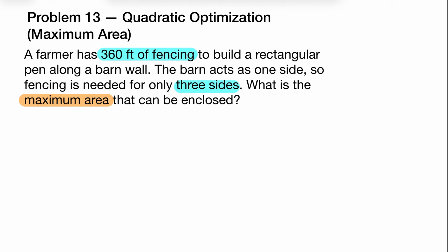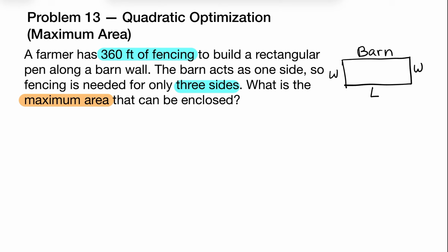Let's visualize this by drawing a rectangle. We know that the barn acts as one side, so there is no fencing there. Then we have two sides, which is the width, and then we have the length, the front facing side.